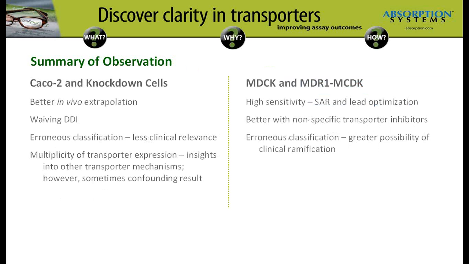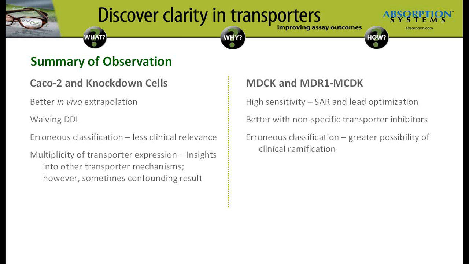With the different compounds shown in this presentation, each system has disadvantages and advantages. Both of them tend to give false classification. However, the Caco2 cells offer a broader scope.